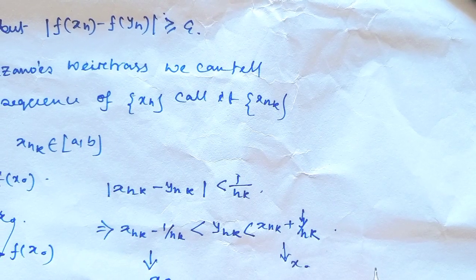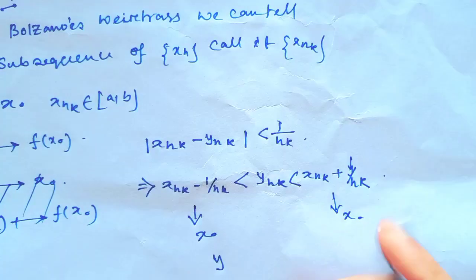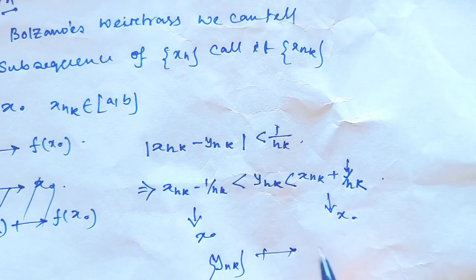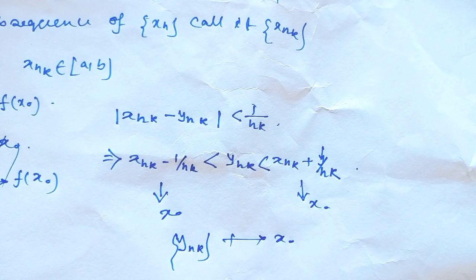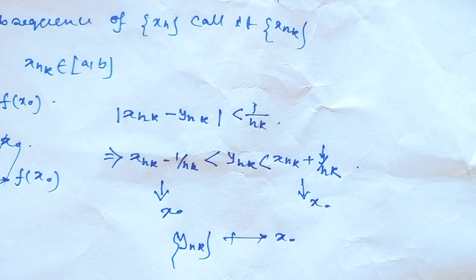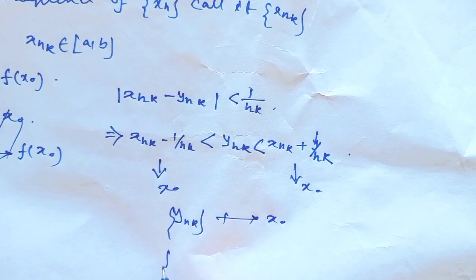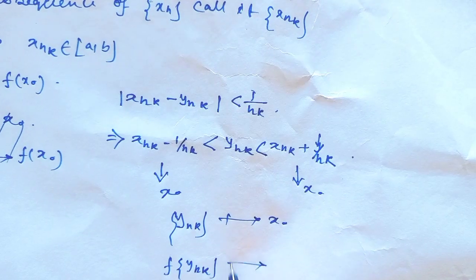Therefore, by the Sandwich theorem, ynk also goes to x0. Okay? And by continuity, since the function is continuous, f of ynk goes to f of x0.